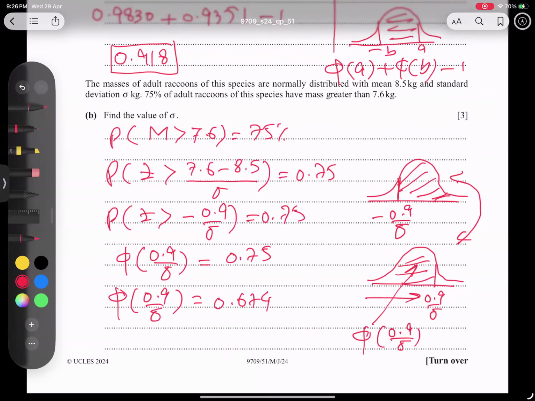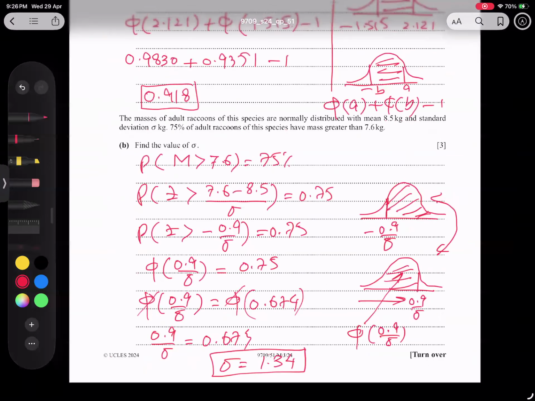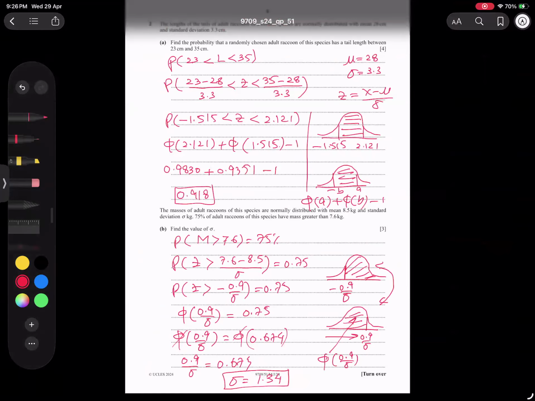Phi of this equals phi of that, phi cancels, and 0.9 over sigma equals 0.674. If you type this in the calculator, we simply get 1.335 or 1.34, and this is my final answer. I hope the concept of the question is very clear.